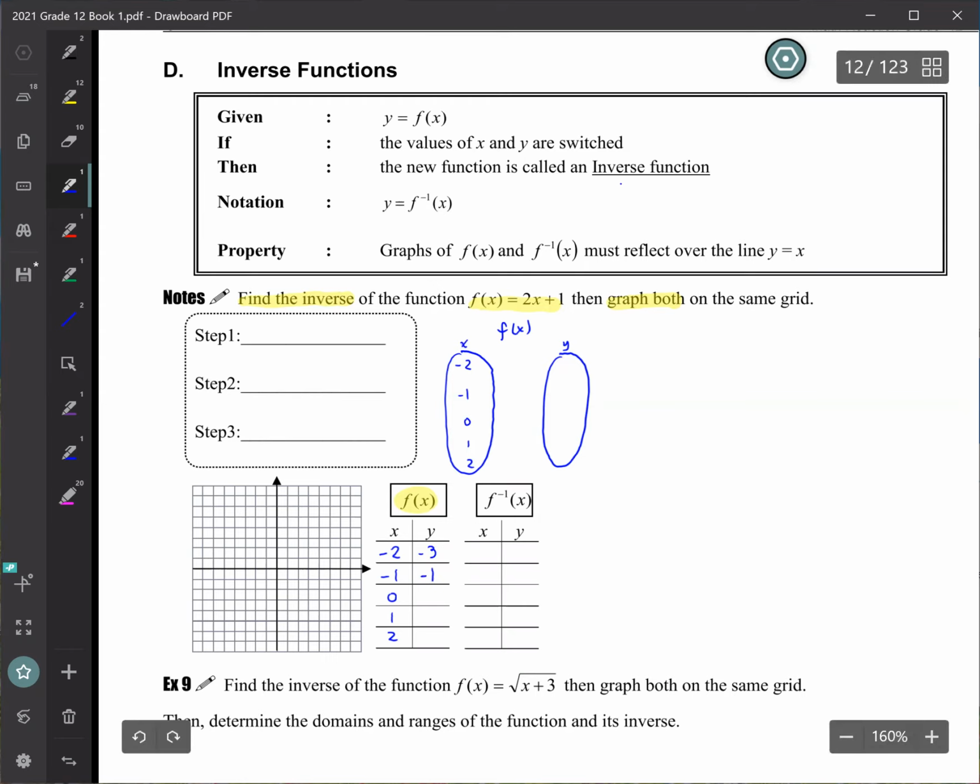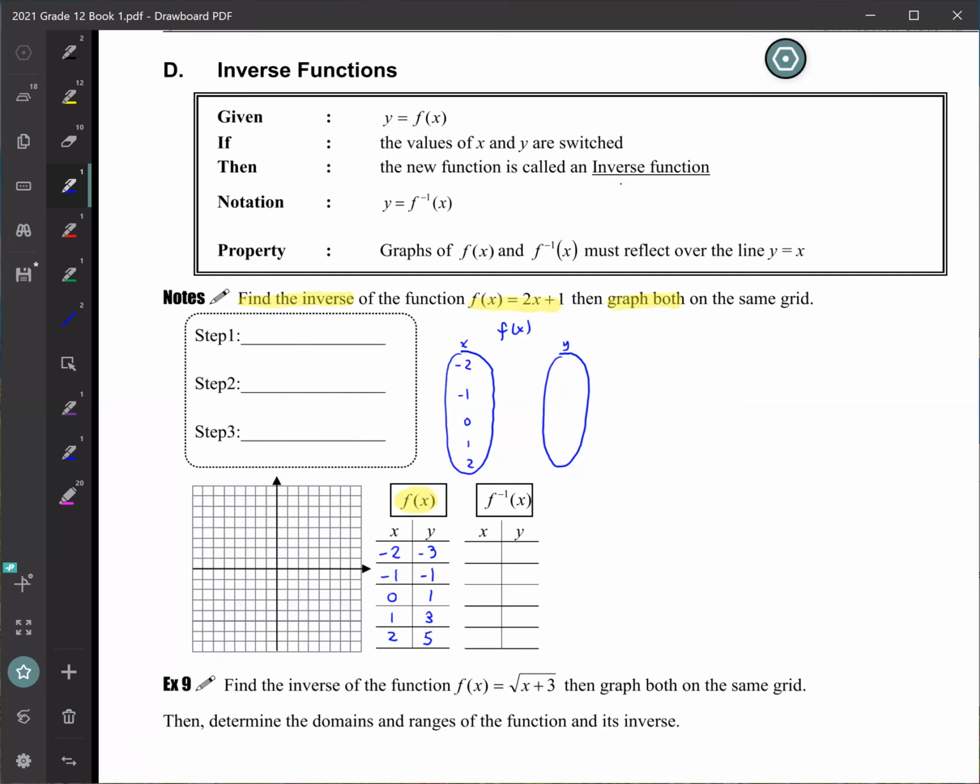And Chris, 0? I got 1. Callum, next one. 3. Yeah, okay, so we can start to see the pattern. -3, -1, 1, 3, each one is increasing by 2. So we should get 5 there.